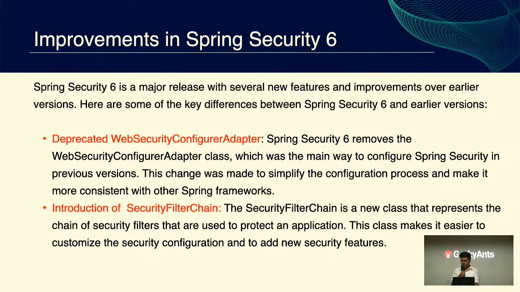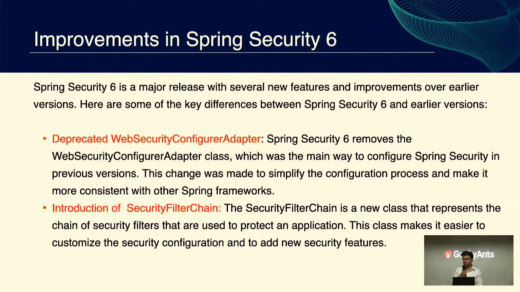The second point is the introduction of the security filter chain. Once it is deprecated, they have to give us something else to configure our authentication part, right? So here comes the security filter chain. This is a new class provided by Spring Security 6, where we can define our configuration properly. We make use of the security filter chain bean, create our configuration, and then define our rules.